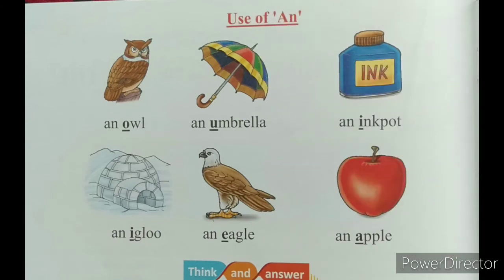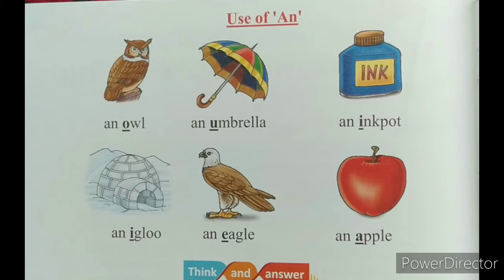Now let's see the uses of an with examples. Number 1, an owl. Here the noun owl begins with the letter O, which is a vowel. So we use the article an with the noun owl, as an owl.